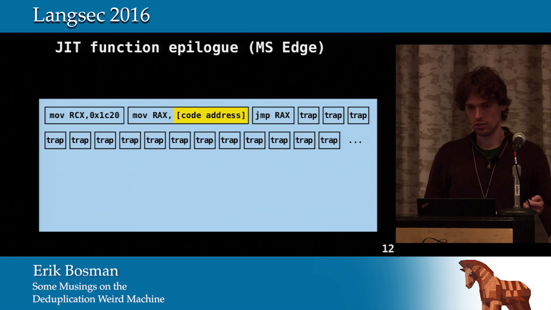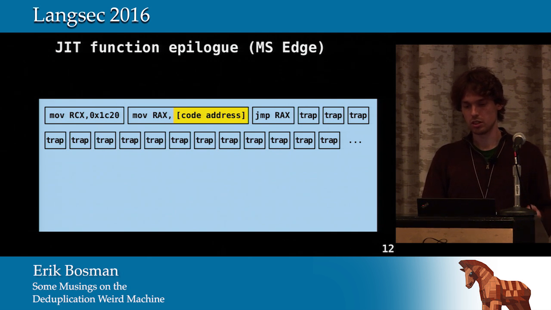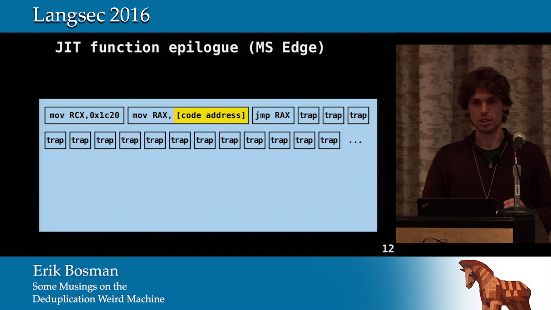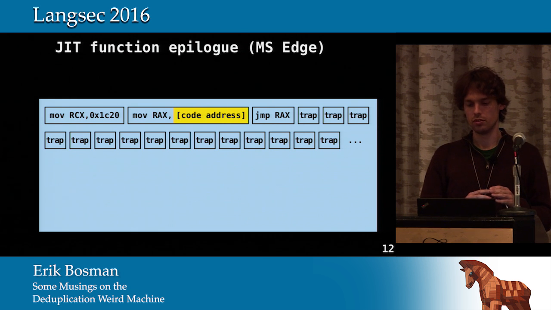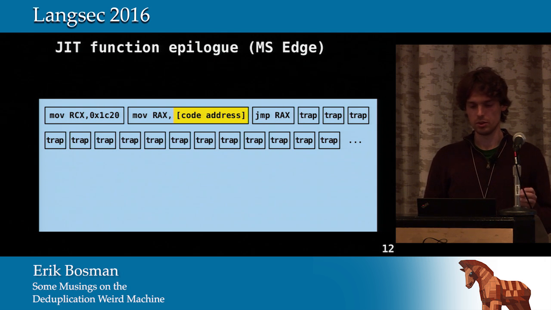In our exploit, we use the first primitive. In Microsoft Edge, the JIT compiler creates machine code, but the last part of the function is always the same, except for the code address, and the code address carries some ASLR information, so we want to leak that.